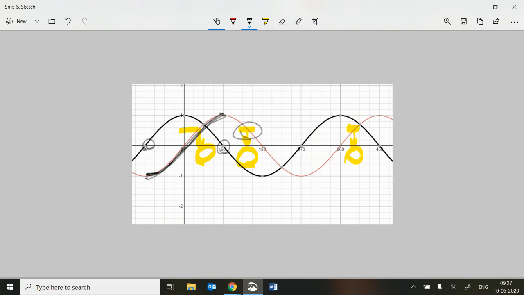So, for example, if you put in sine to the -1 of, let's say, -0.8, it will give you some value around here, depending on whether you're in degrees or radians, of course. It will not give you this value here. You'll have to figure that one out yourself.